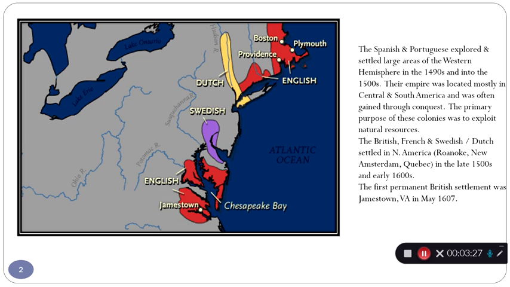By the 1600s and into the 1700s, the Spanish and the Portuguese have fallen by the wayside. At that point, you see the emergence of other European powers, most notably the British, the French, and the Dutch, that will begin to plant their flag in North America, mainly along the eastern seaboard and into Canada.